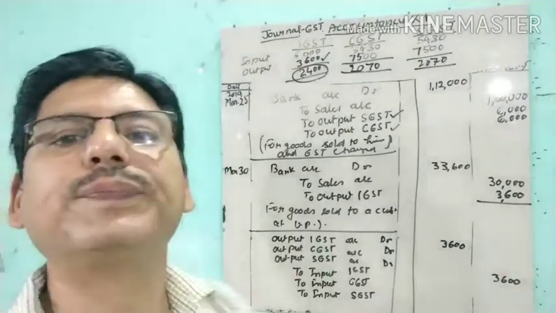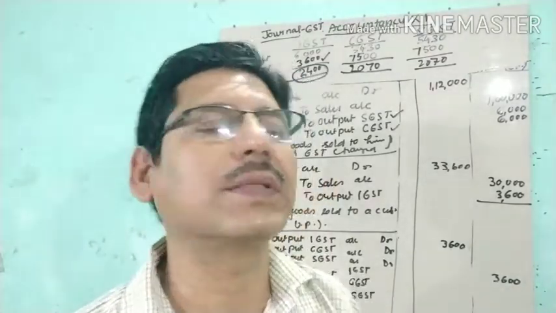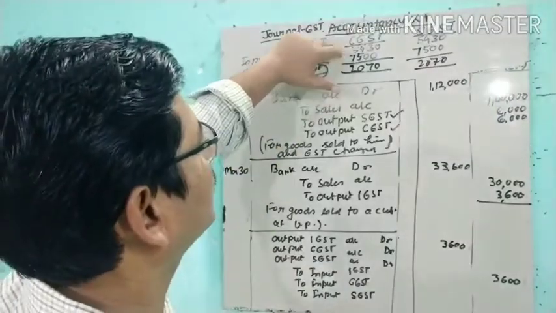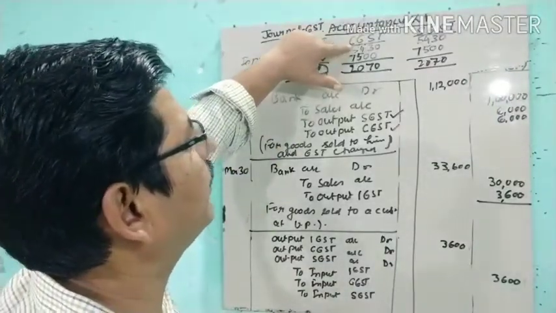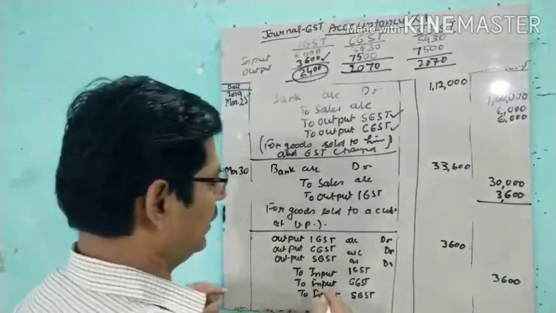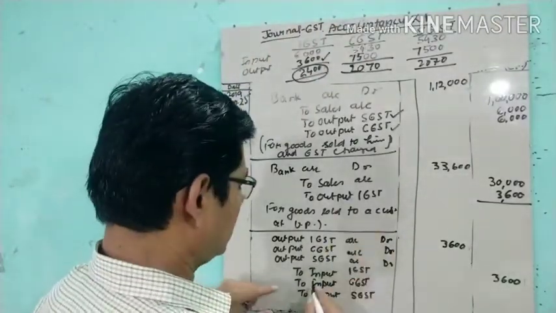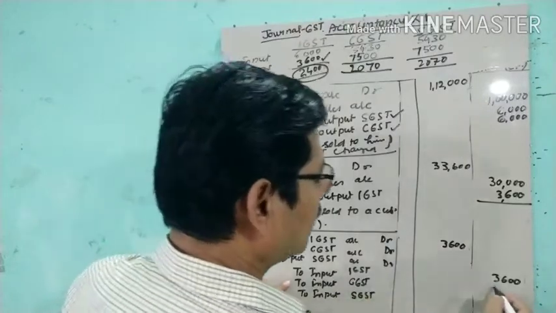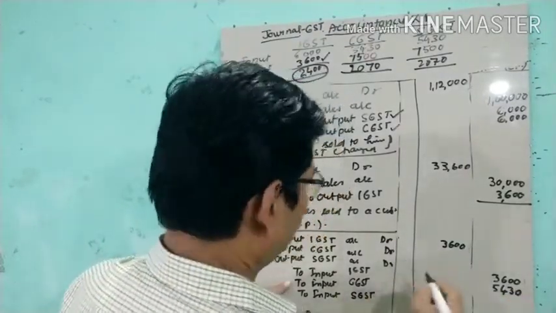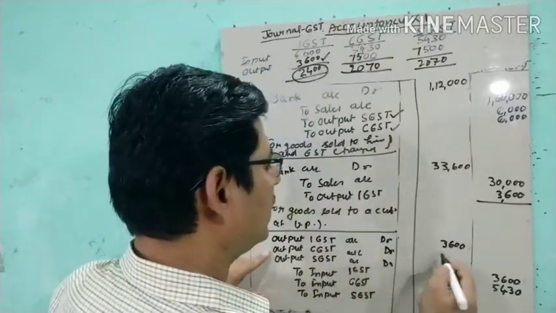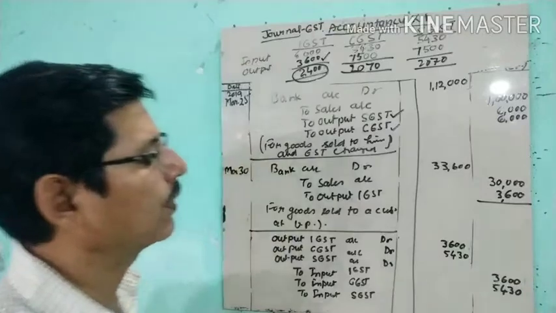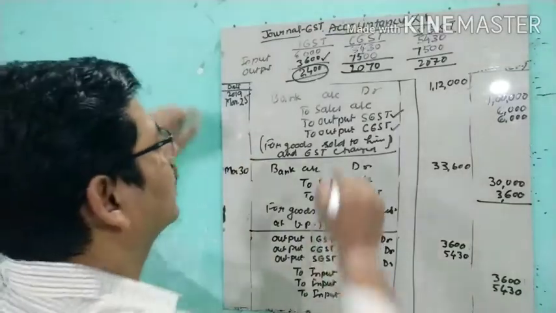So we have collected more. This full amount which we paid while buying can be adjusted, 5,430. So this is CGST, 5,430, and this will be adjusted, 5,430. Okay, this is done.